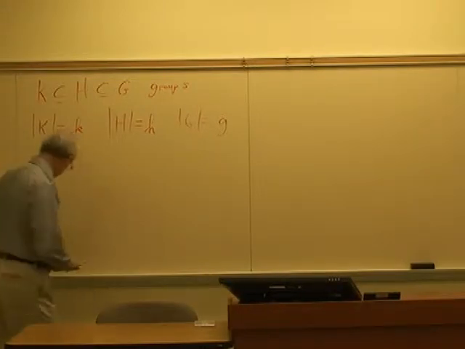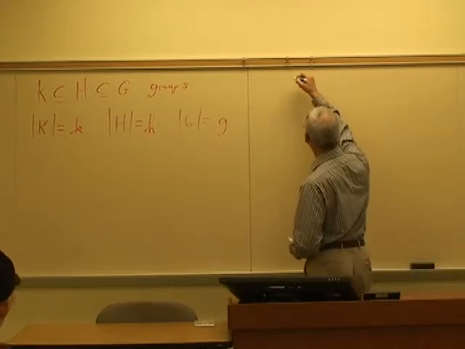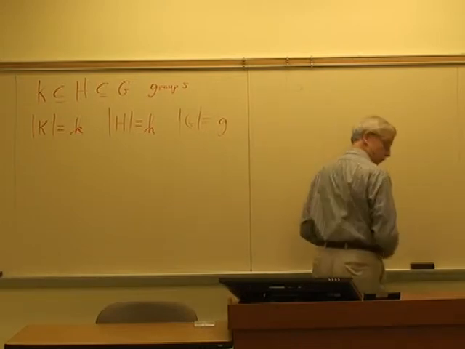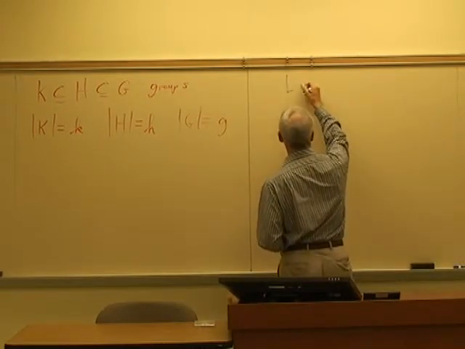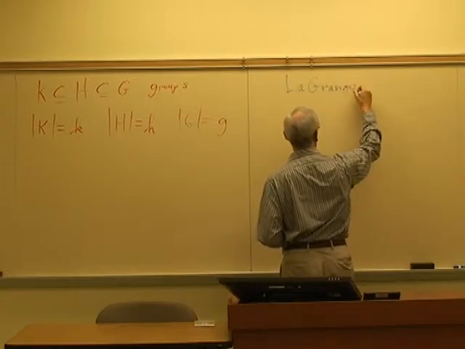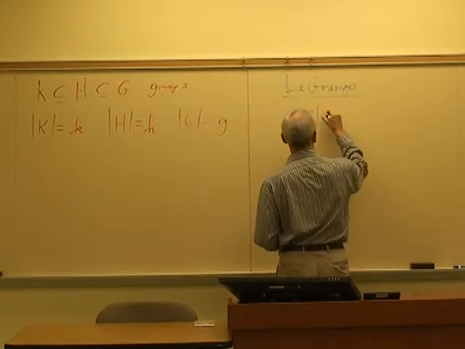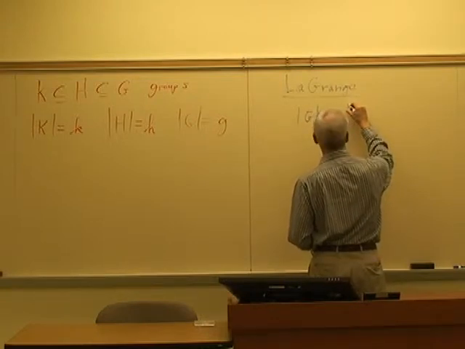Then we have a rule for the size of the indices, right? By Lagrange's theorem, the order of G must equal, let's do H as the subgroup, right?